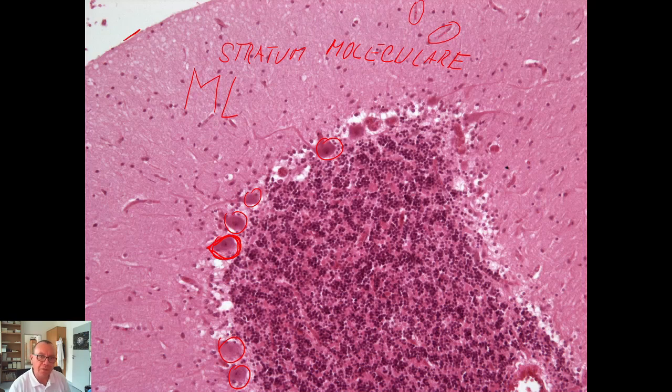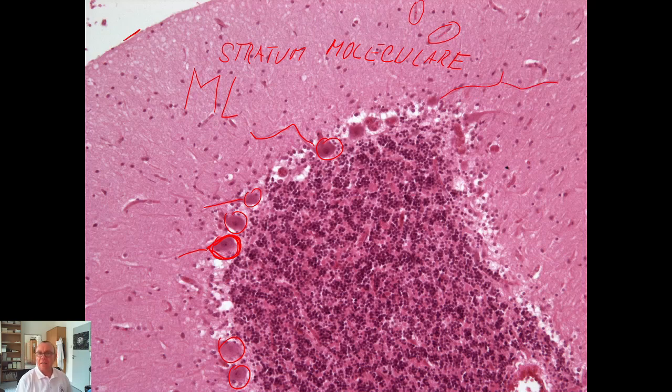And we know that the Purkinje cells have their dendrites on the surface oriented to the molecular layer. So this or this or this process, here is a very long section, or here, you look at this long and branching process.